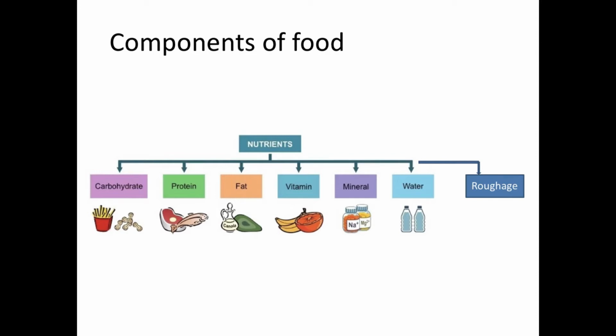Components are different kinds of nutrients present in our food. Then what do we mean by nutrients? Nutrients are the molecular form of substances present in the food which can be absorbed by the cell to carry out their life processes.